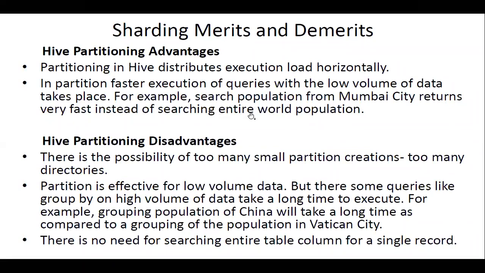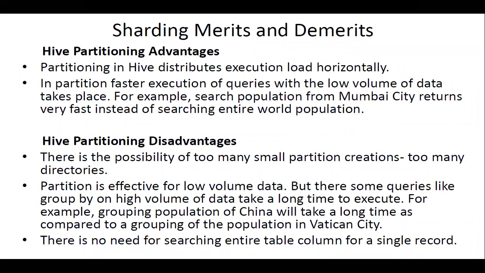So you can see the example. Searching the population of Mumbai city returns very fast instead of searching the entire world population, right? So maybe when you have the entire world population in a big table, this big table is divided into different shards based on the major cities all over the world.